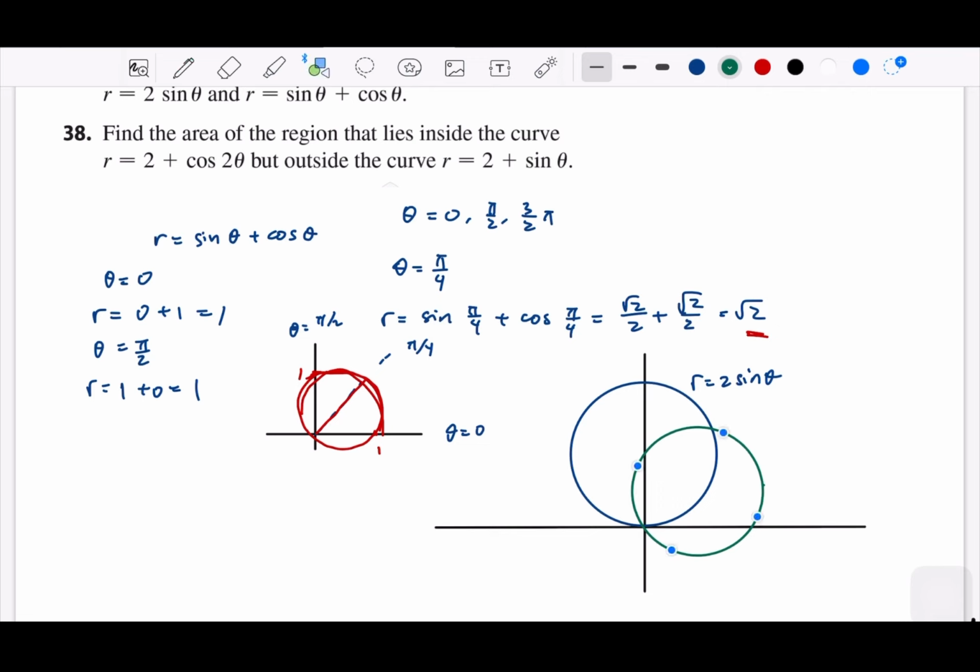And this will be the sine theta plus cosine theta, maybe around there, a little bit smaller because the other one is 2 sine. It should be exactly at the middle part of the 2 sine. The 2 sine theta has a maximum radius of 2, and this one is 1.